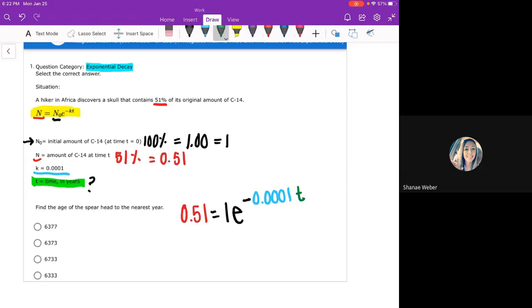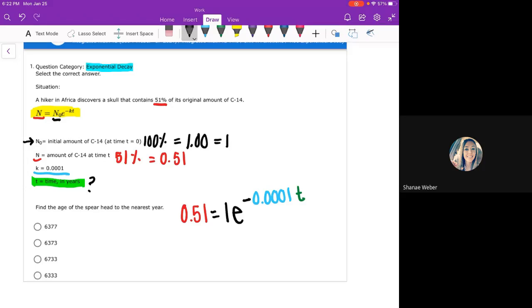Okay, so our goal is to isolate that t. We want to get t all by itself. And right now it's really inconvenient because it's in our exponent. So we want to get it out of that exponent. But first, we need to get this e to the negative 0.0001 times t by itself.